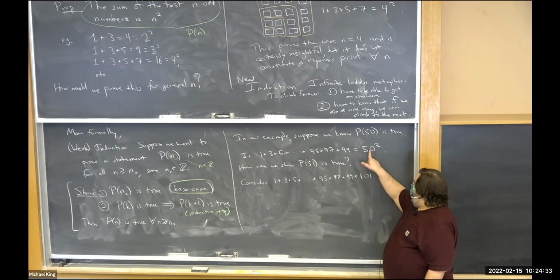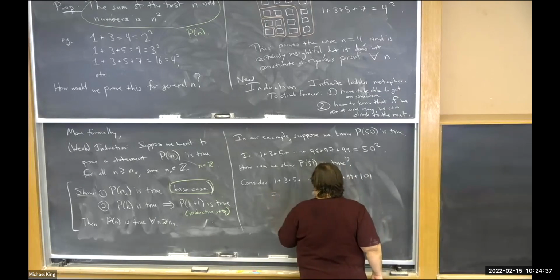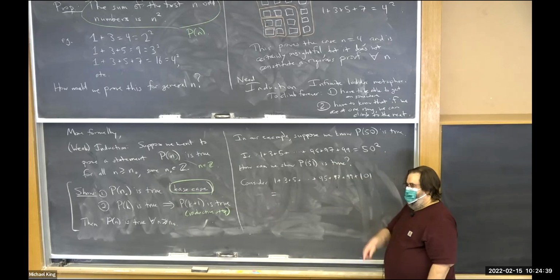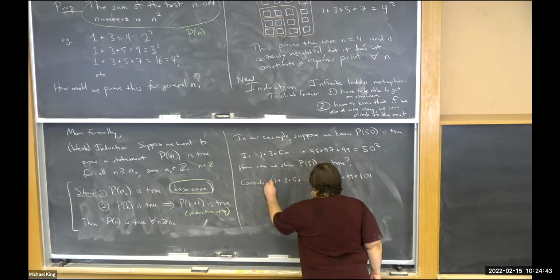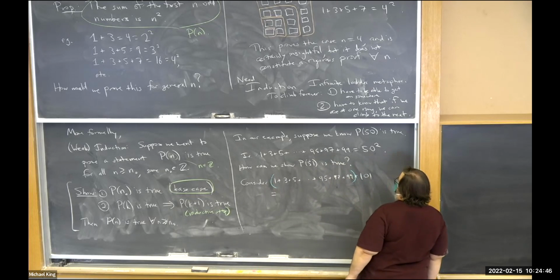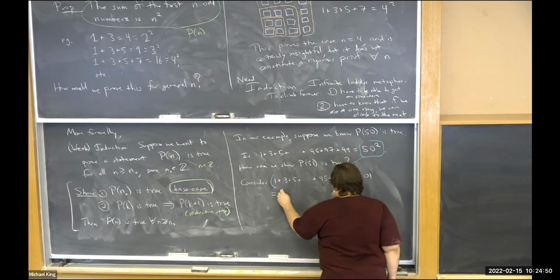So how can I use this here? What can I say this is equal to? Yeah, right. We know this right here can be replaced with this. So this is 50 squared plus 101.